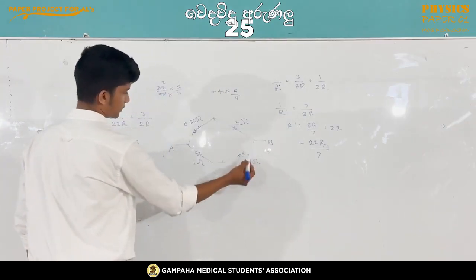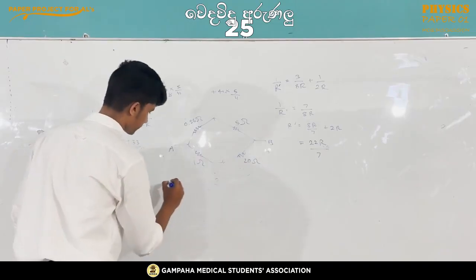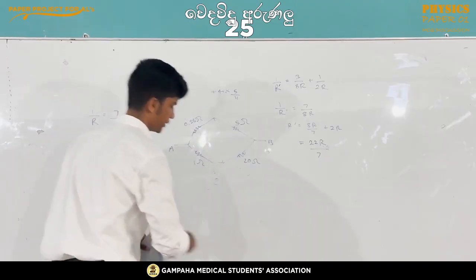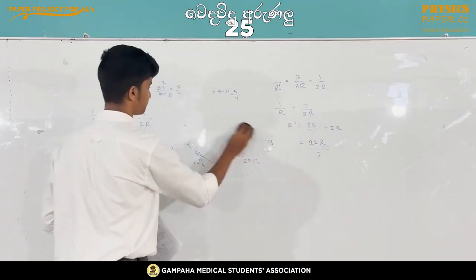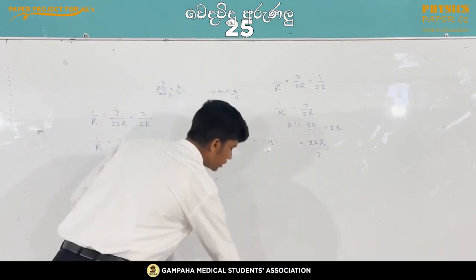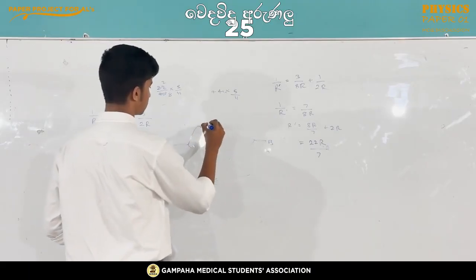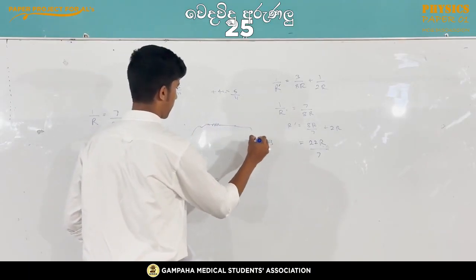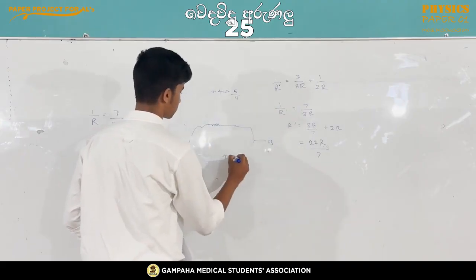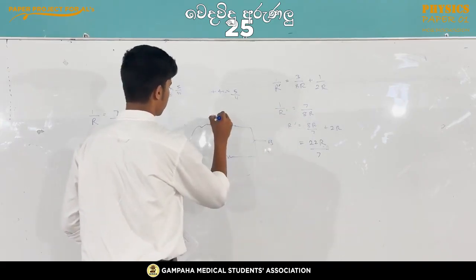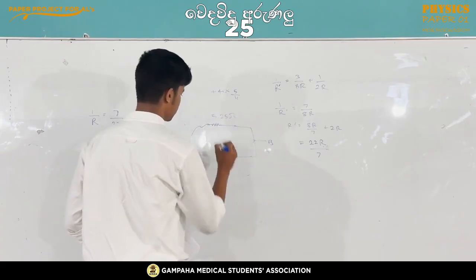Then these two pairs are in series. Then we can write this. We can draw this circuit as 5.25 ohms and 21 ohms.